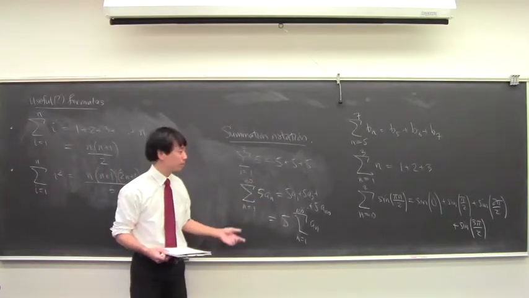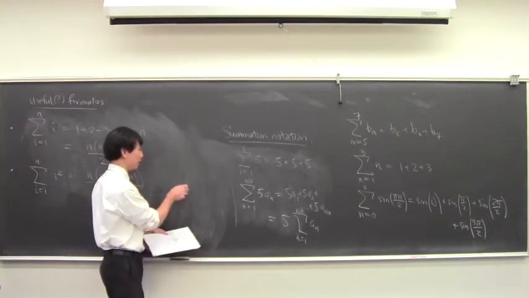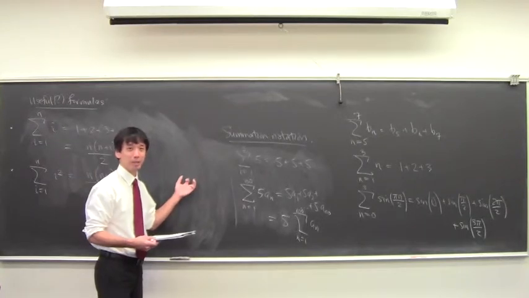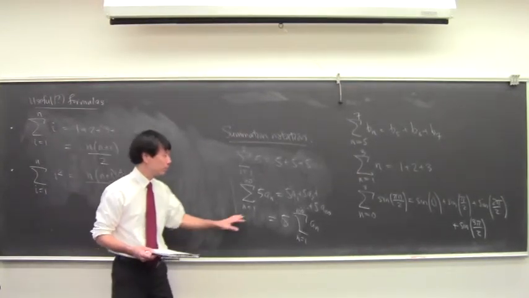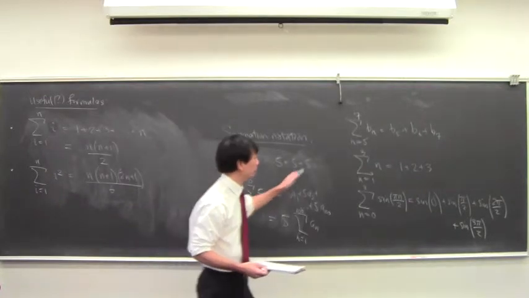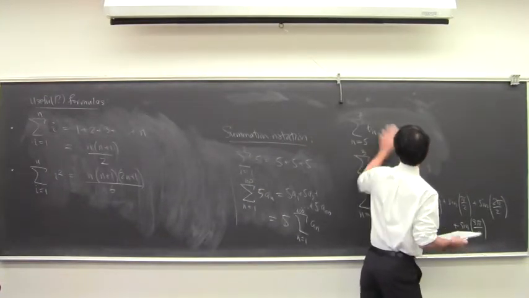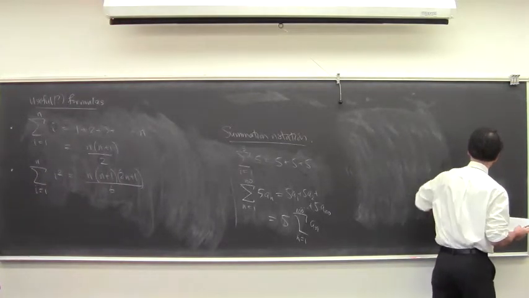Right. This just, if you have a sum and everything is multiplied by 2, then it's 2 times the sum. Right. So just an observation to make about the behavior, about the notation.